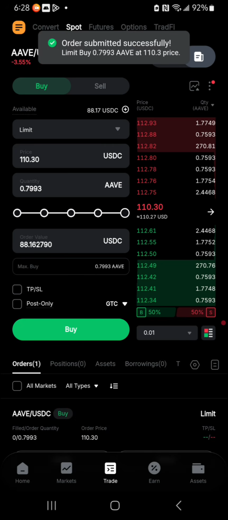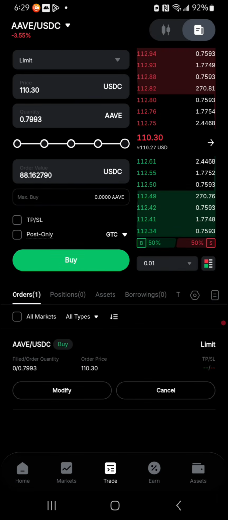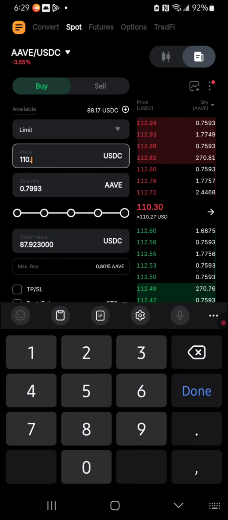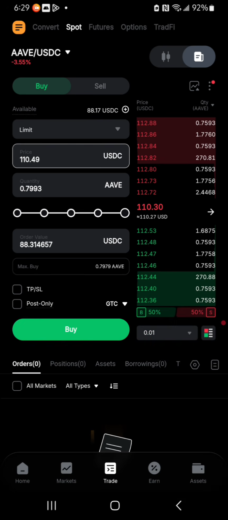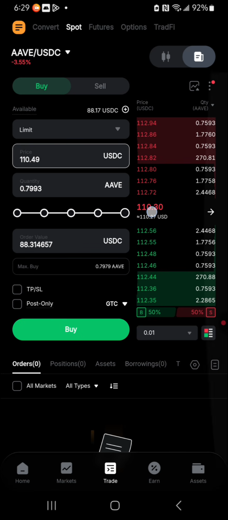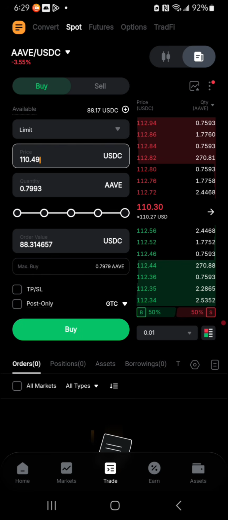Okay. Or if you want to be more conservative, or if you want to stay on the right side, you can choose to step it up a little bit to 110.49, since that was the previous price that was sold for and bought for, but the market left it all behind.